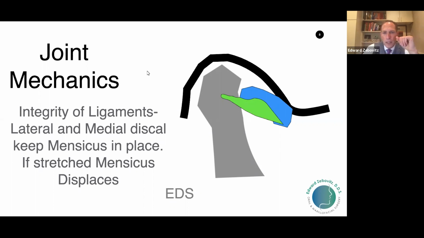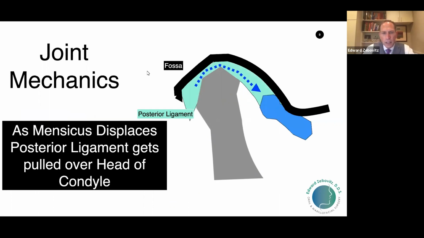Now, the understanding I made reference to is, when the meniscus displaces anteriorly, the posterior ligament or retrodiscal tissue gets pulled over top of the condylar head. So now we're functioning on the posterior ligament. Going back to the beginning, we've been taught that when we load the posterior ligament, it hurts.